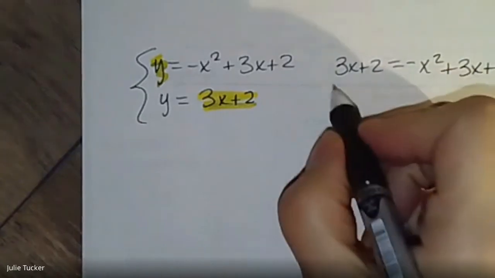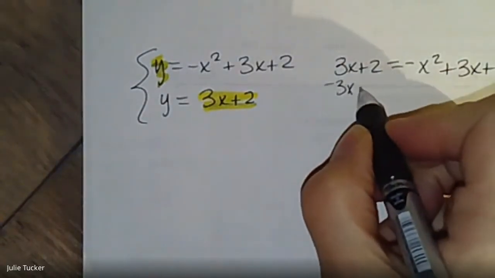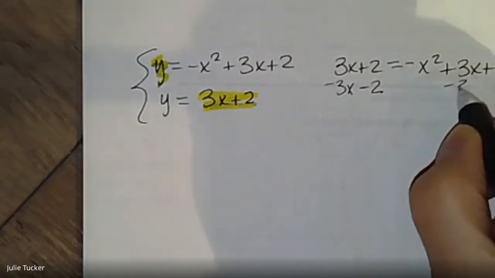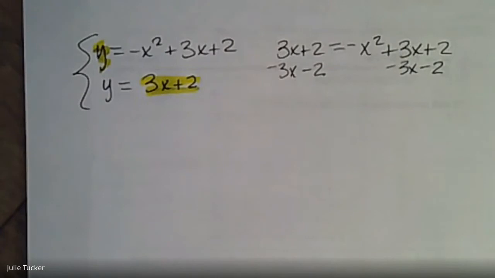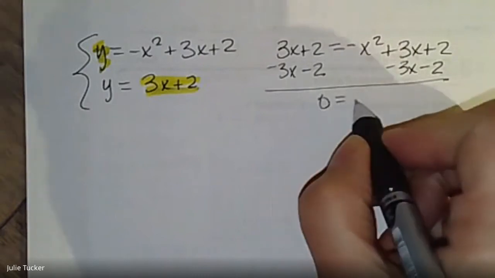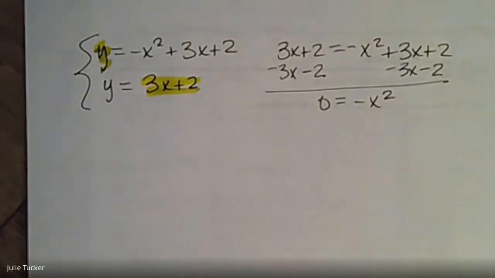Minus that, minus that. But look what's going to happen. You can see what's about to happen, can't you? That's all going to cancel. So you're going to have 0 equals negative x squared, right? Okay.